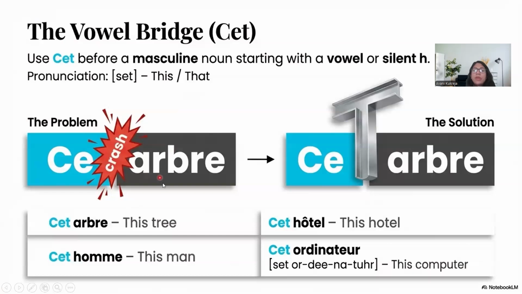Now, when a word starts with a vowel and it's masculine, we add a T. For example, cet arbre, cet hôtel, cet homme, cet ordinateur. This computer, this man, that man. Remember, the noun needs to be masculine and start with a vowel for us to use cet. If it is feminine, we only use cette, whether it starts with a consonant or a vowel.